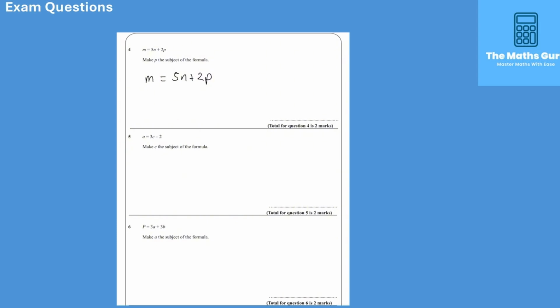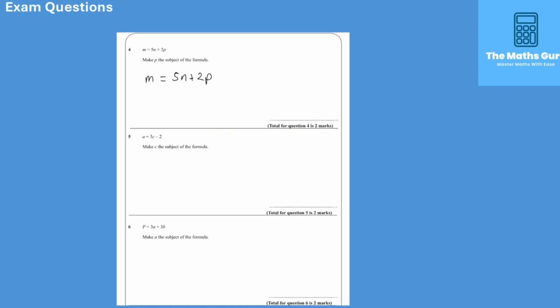So we have to first look at our p, the variable that we need to make our subject of the formula. In this case, it's being times by 2 and then added to 5n. If you remember, we always start with our addition.